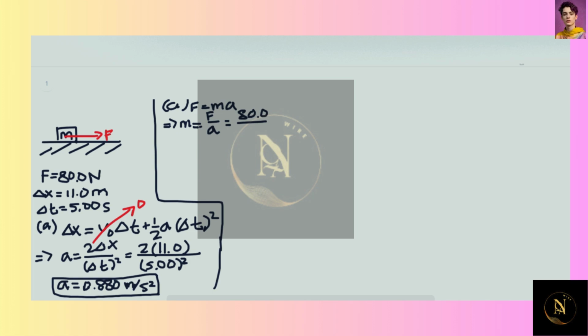So 80.0 newtons, and then a very similar looking number, 0.880 meters per square second will give us a mass of 90.9 kilograms. So 3 significant figures.